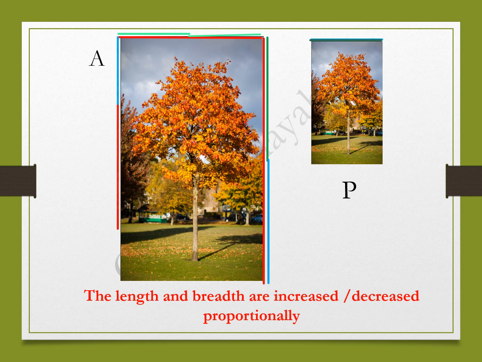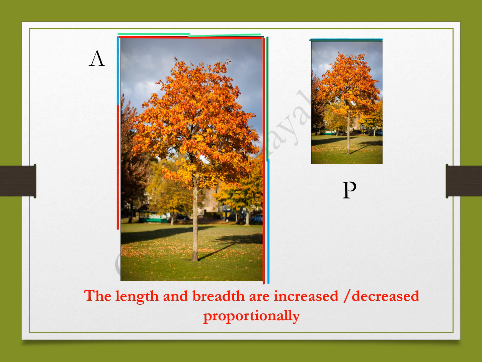That means they have been increased proportionally. It is not that only one side is increased, or one side is increased twice and the other side is increased thrice. It's not so. They have been increased proportionally. That means as much as the length is increased, the same amount of breadth is also increased.